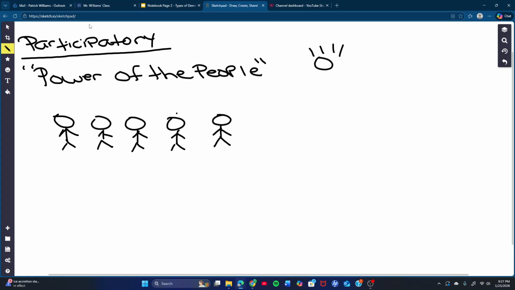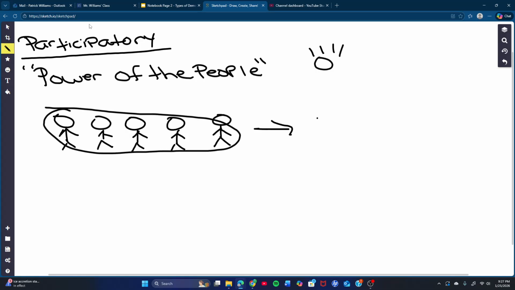And you all, this little group of AP students, are directly involved in decisions that the government gets to make. This is all you. So think about a town hall meeting.